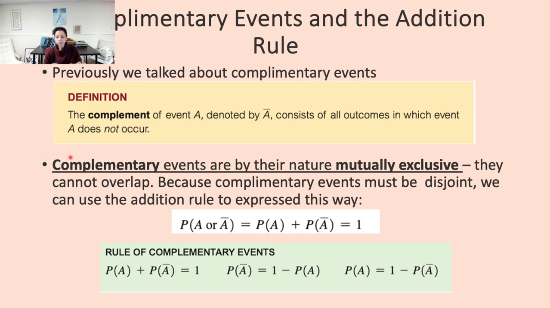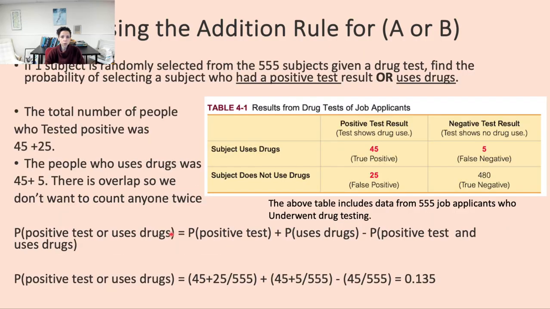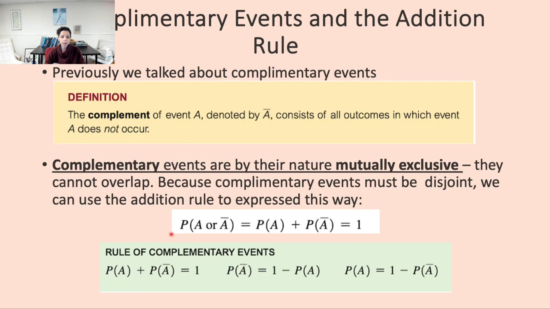So by definition, complementary events are mutually exclusive. Complementary events behave like two circles with no overlap. So complementary events do not overlap. They are mutually exclusive, they are disjoint.